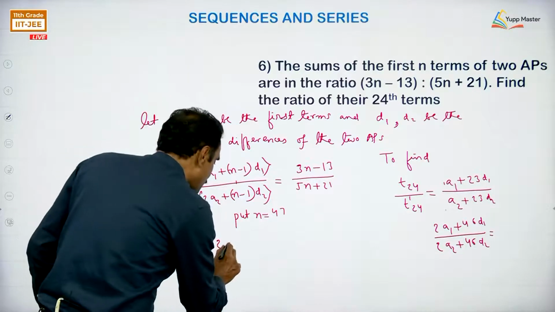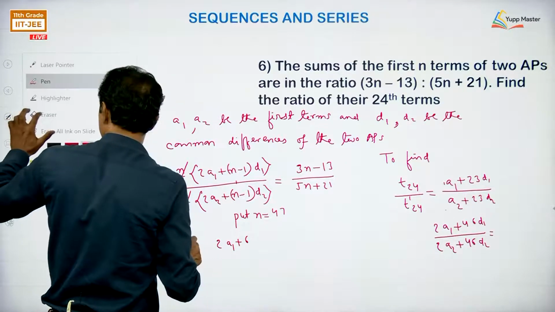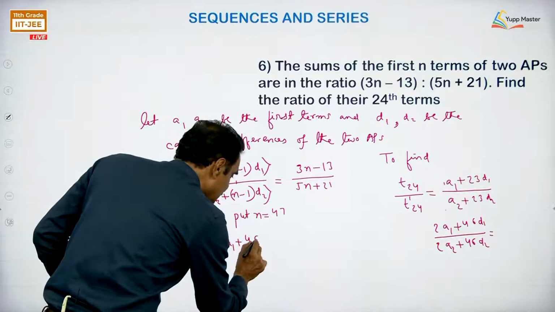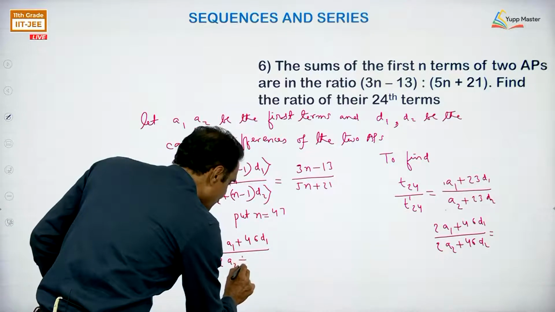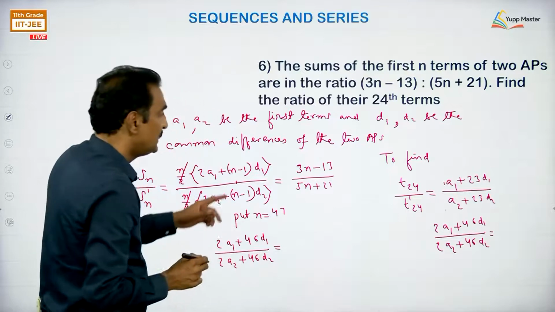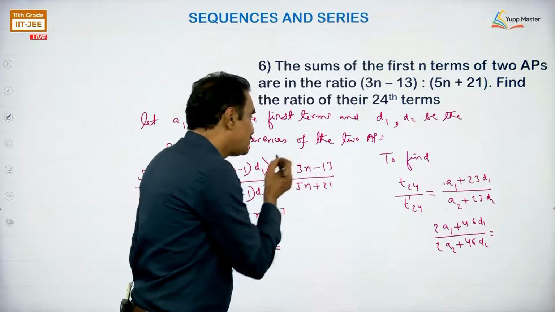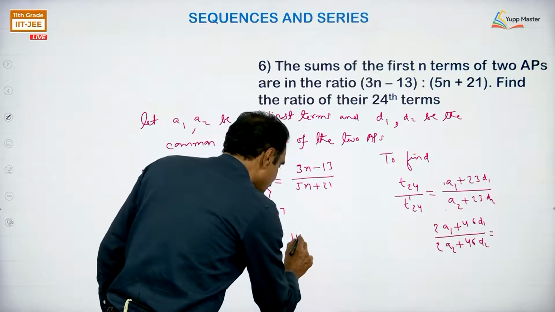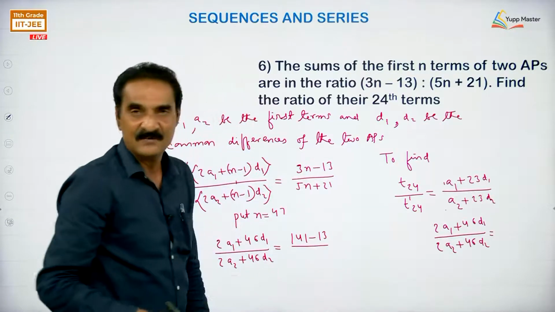So put n is equal to 47, then this becomes 2a1 plus 46d1 by 2a2 plus 46d2. You have to put n is equal to 47 in the RHS also. 3 into 47 is 141 minus 13 by 5 into 47.